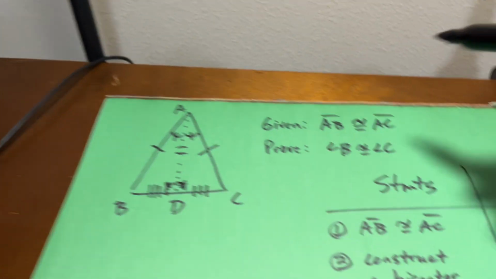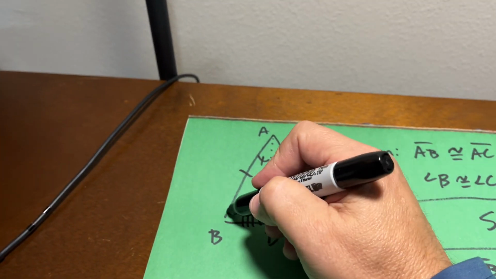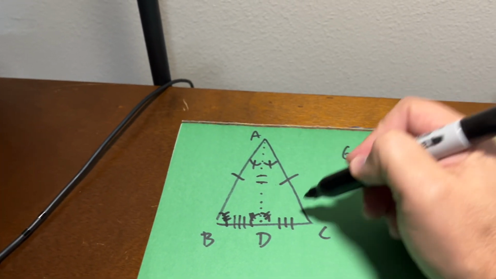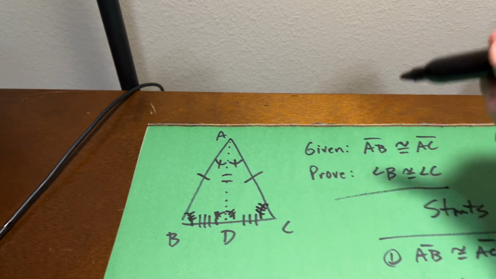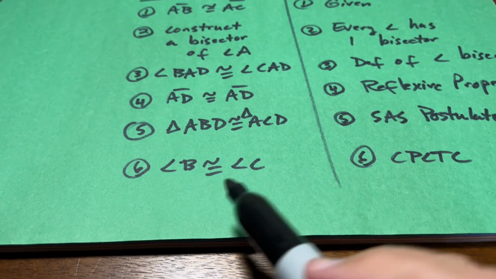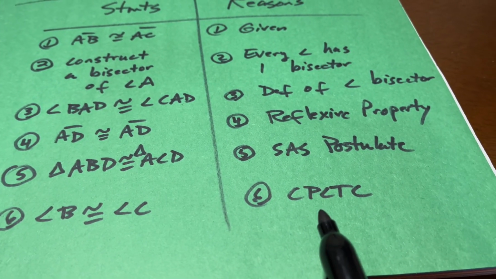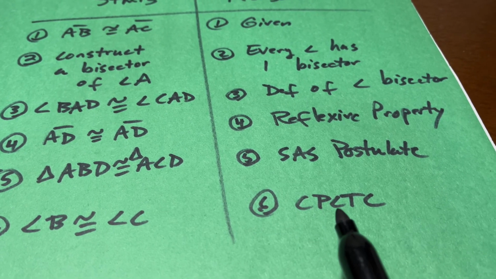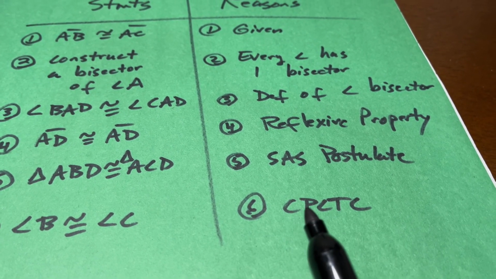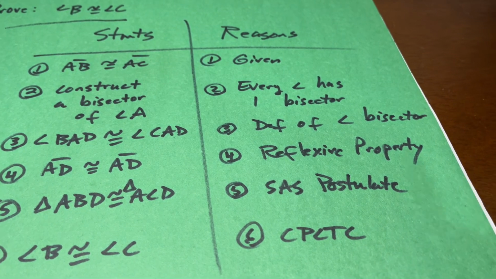And then last but not least, the very thing I am trying to prove, that these are congruent. So angle B and angle C are congruent. And that is my last statement, which is the thing that I'm trying to prove. And I'm going to say that they're congruent by CPCTC. Corresponding parts of congruent triangles are congruent.